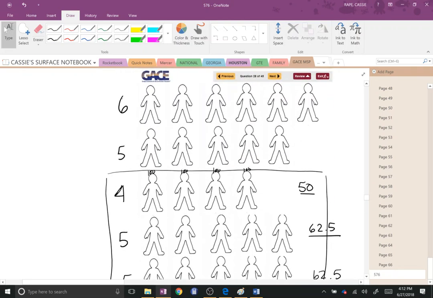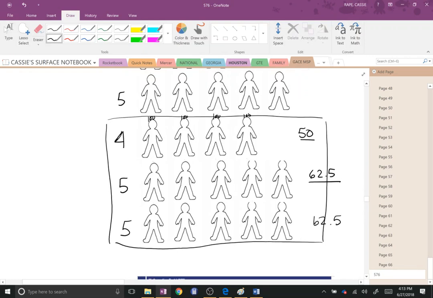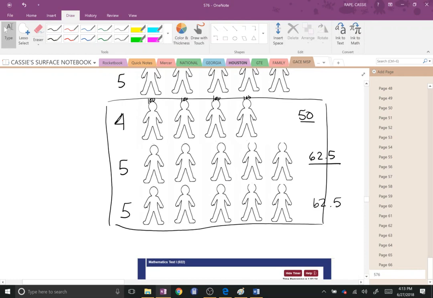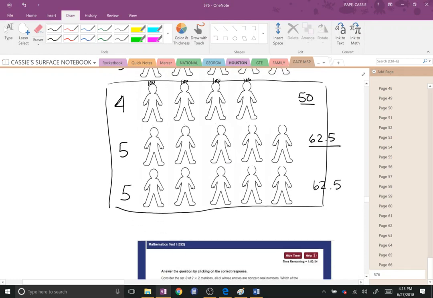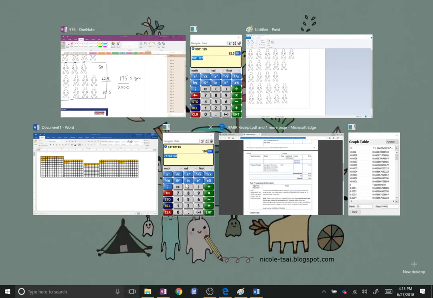So that would be 600, 500, so that's 1,100 plus 400, which is 1,500, right? So that's, is that right? Yeah. So that's, then it's 2,000, and then another 500 is 2,500. So if 175 sign out of a grand total of 2,500 people, let's look at what that percentage is.